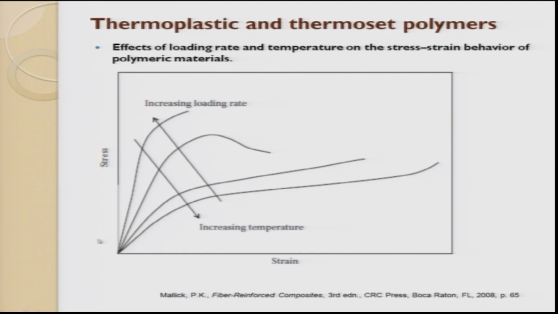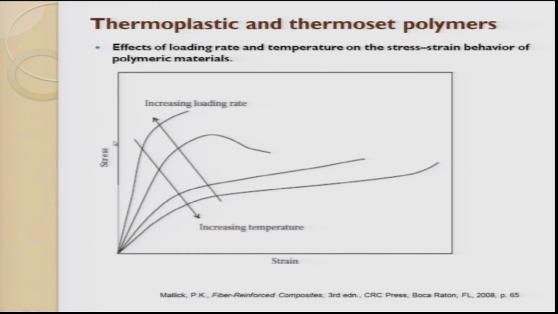So, a stress versus strain graph. Let us take the influence of loading rate. As the loading rate increases, that is to say at higher loading rate, the ductility falls drastically. The E, the Young's modulus, enhances drastically. As the temperature goes higher and higher, the polymer gets softened. Because of this softening, the strain goes on for a longer time as compared to the stress.